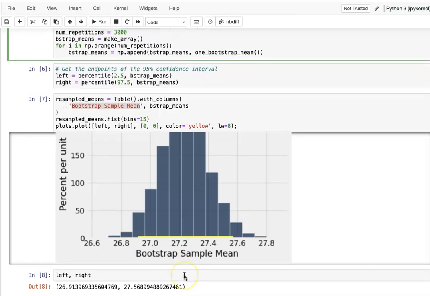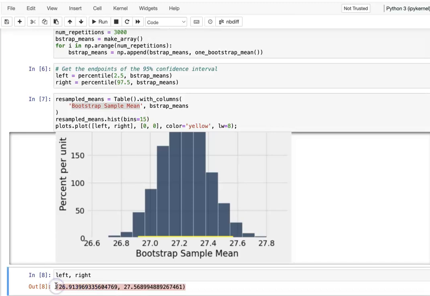For example, if everyone in the class applies this sample data and runs 3,000 times, your interval for the population mean will be slightly different.